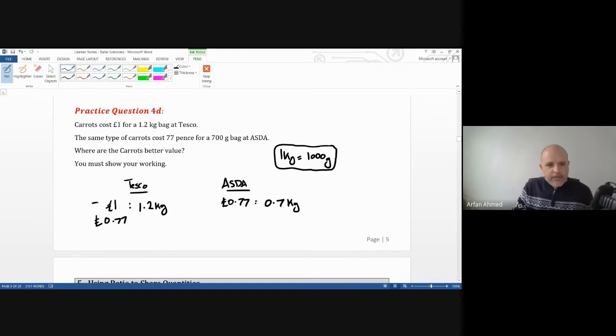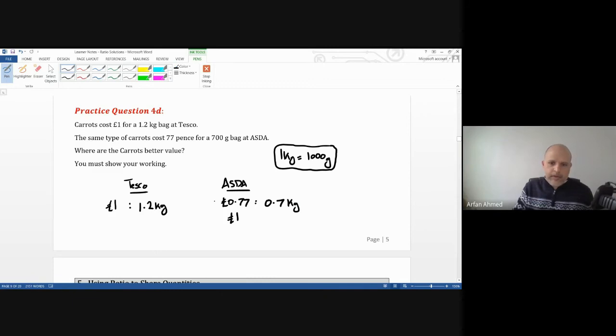Well, to get from that to that, you'd have to, no, in fact, let's do it the other way around. Let's do going from 0.77 pounds or 77 pence to £1.